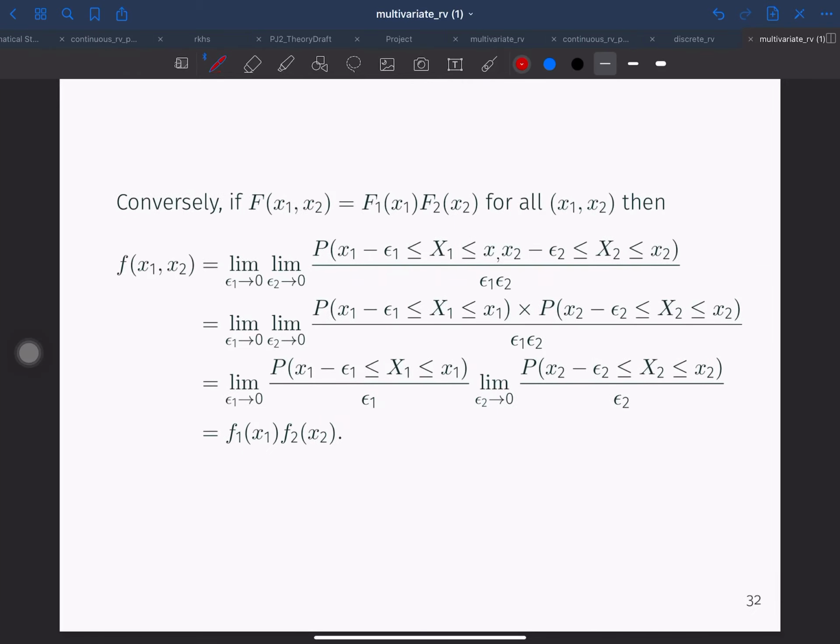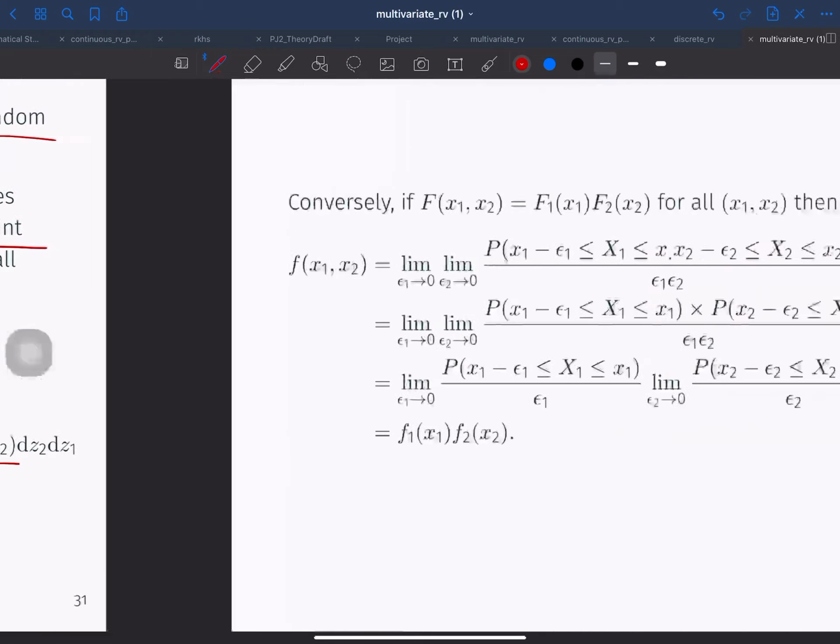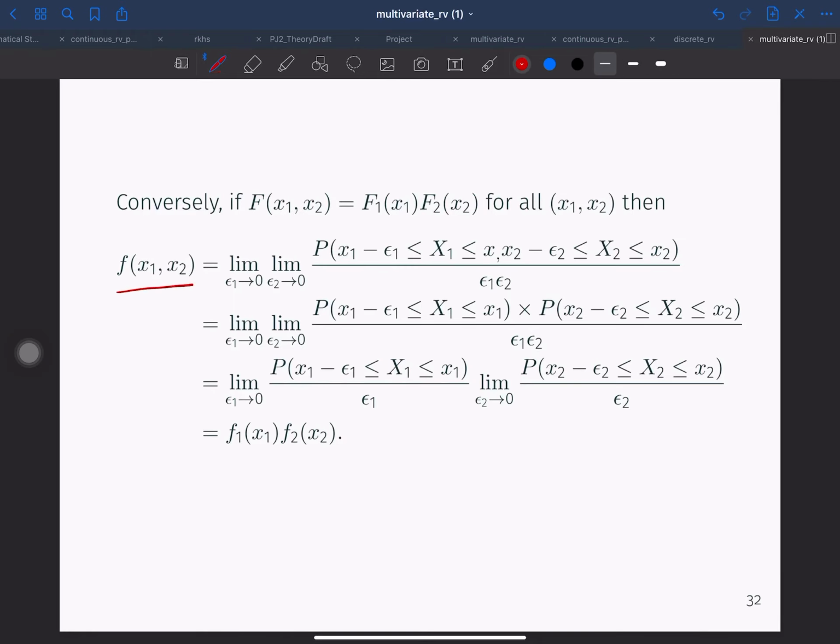The other condition is once again the same, but because of the double integral, you see that the joint CDF is written as an integration of the joint PDF, and so therefore the joint PDF can be written as the partial derivative of the joint CDF.